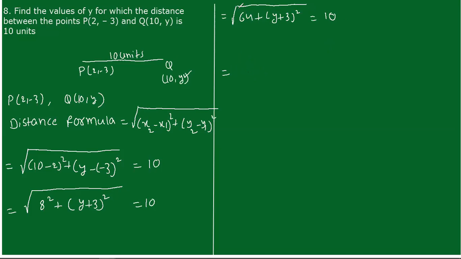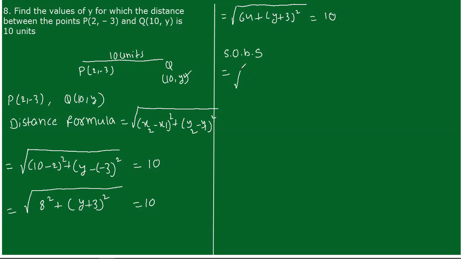If I remove this square root, on the right-hand side it becomes a square. Let's do square on both sides.